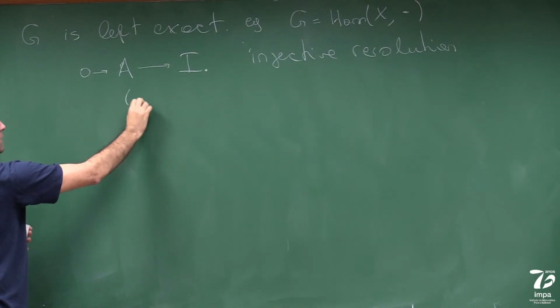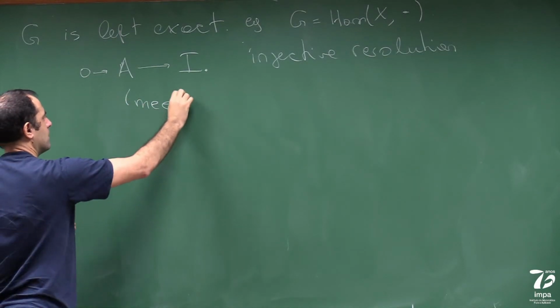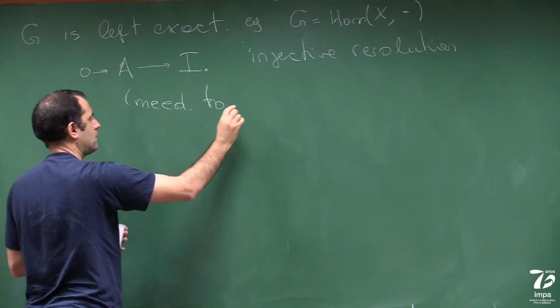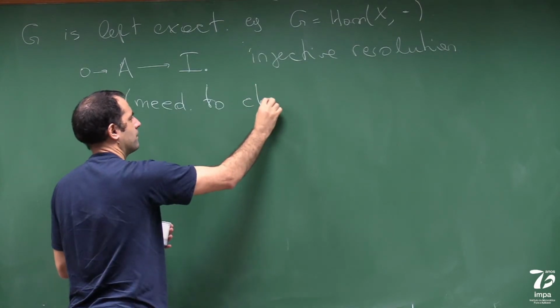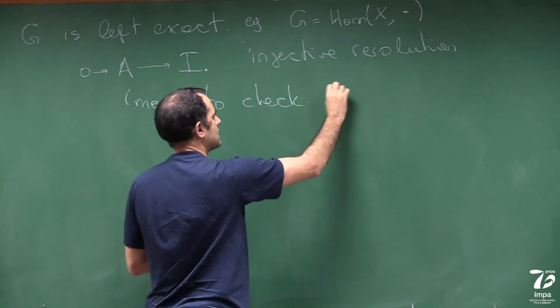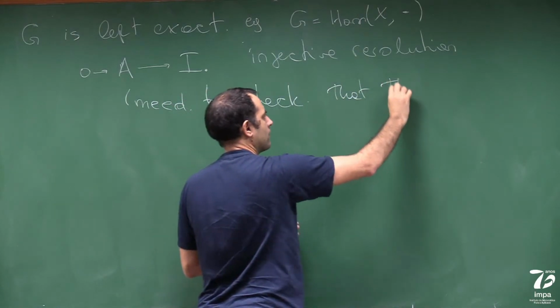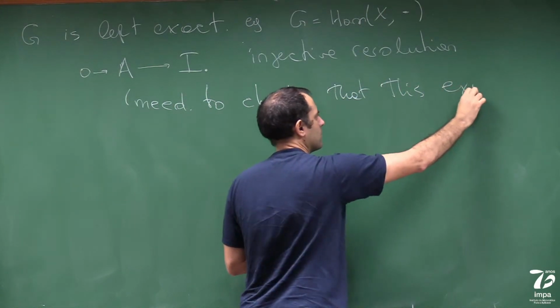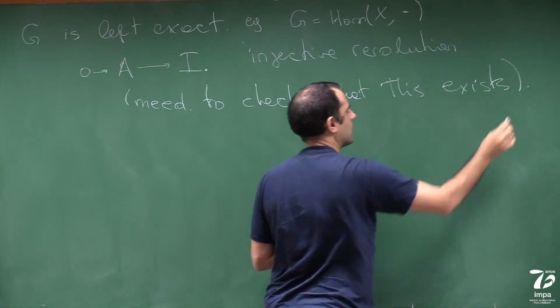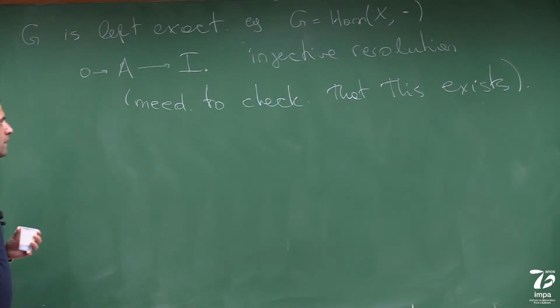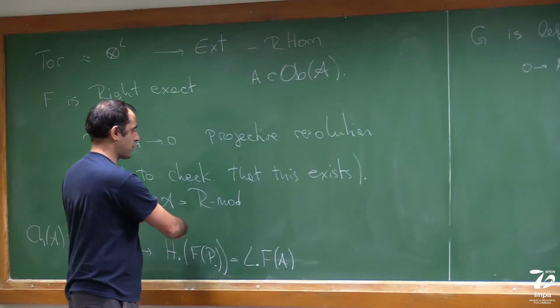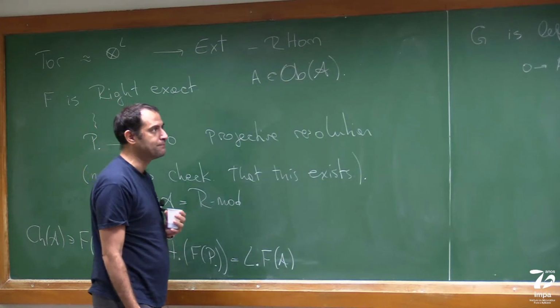Same requirement. You need to check that this exists. Might not. We haven't even checked this in this category. So today we want to check that this does exist in the category of R-modules for an arbitrary ring.